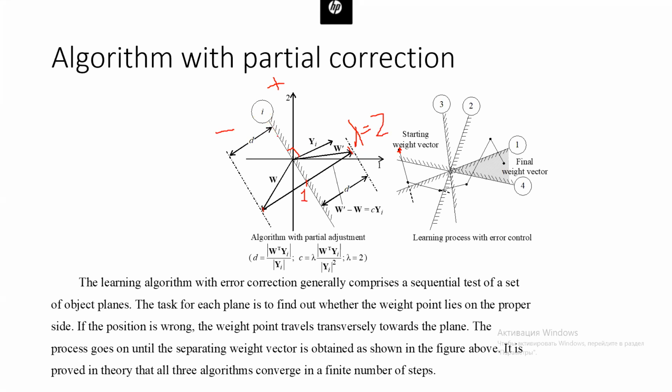And if we project our weight vector onto this plane, we obtain 0. So we just move our weight vector. And this case means that we have 4 objects actually.